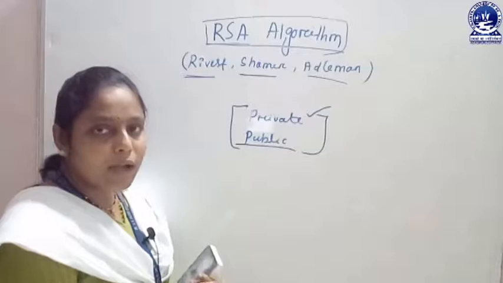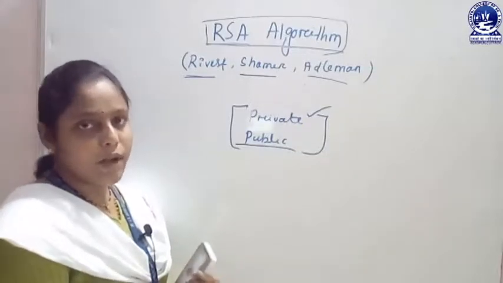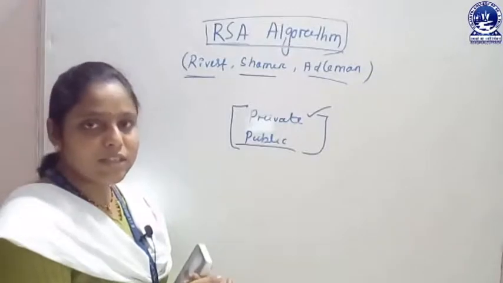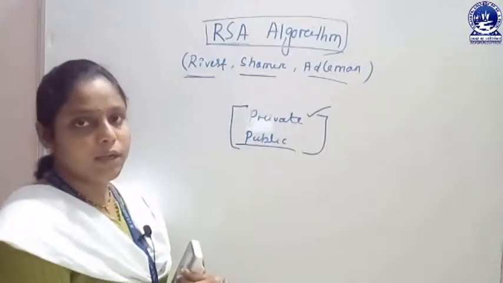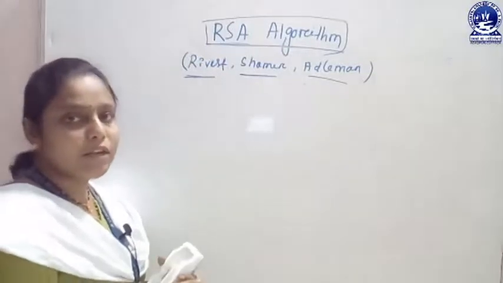Now look at the algorithm, how we can generate the public key and private key, and by using these keys, how we can encrypt and decrypt the message. Here, first of all, we generate the key pair.